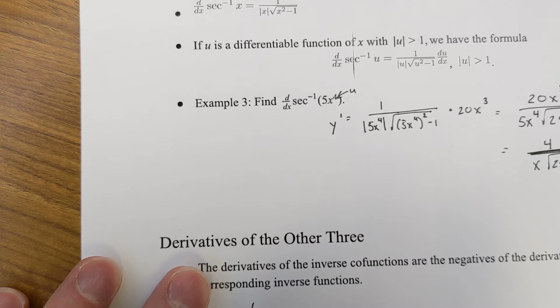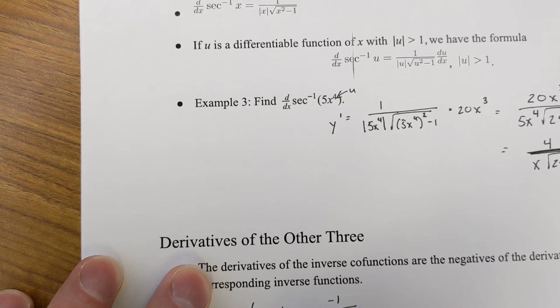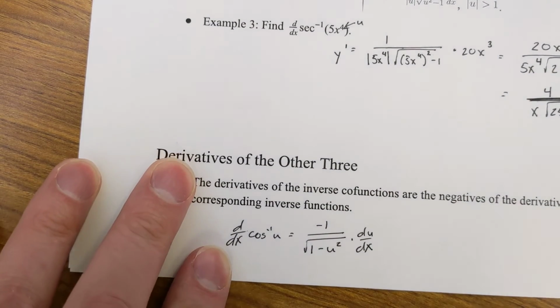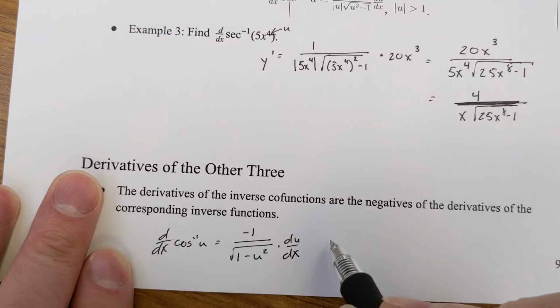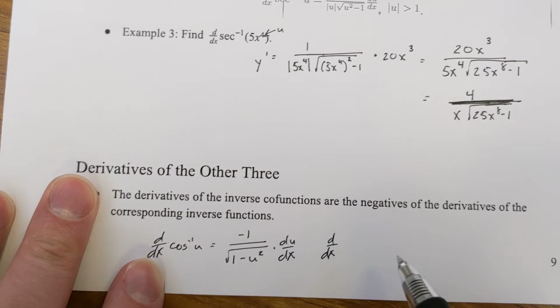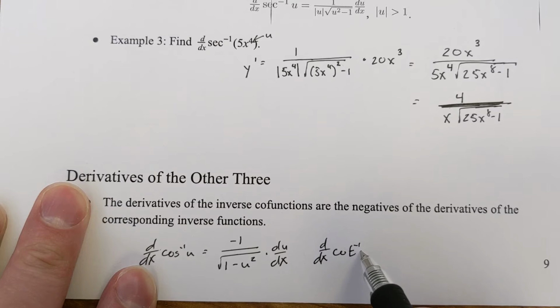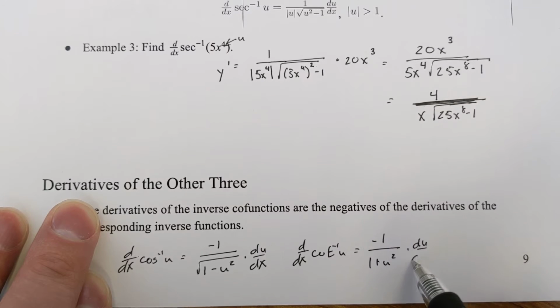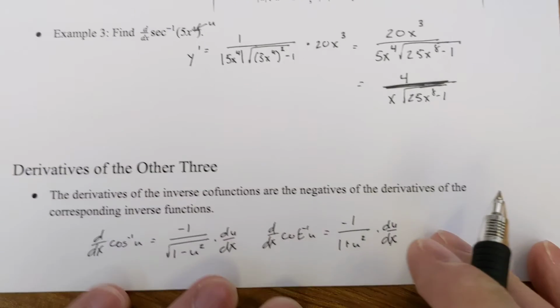So the derivative of the inverse cosine of u is equal to -1 over the square root of 1 minus u squared, times du dx. The derivative of the inverse cotangent is -1 over 1 plus u squared, times du dx.